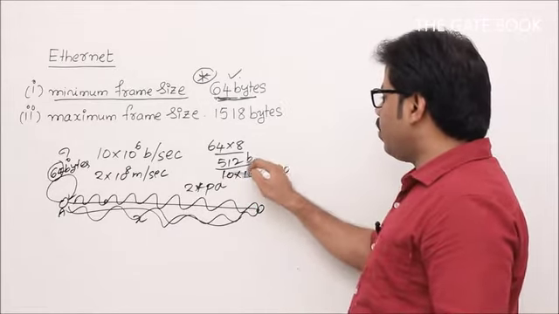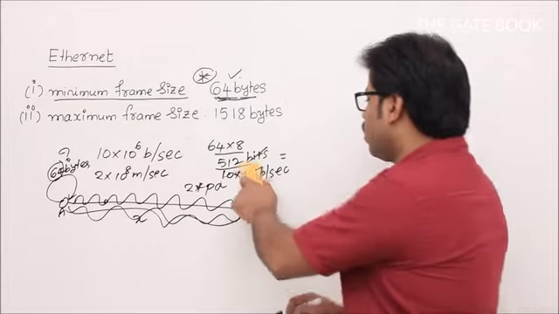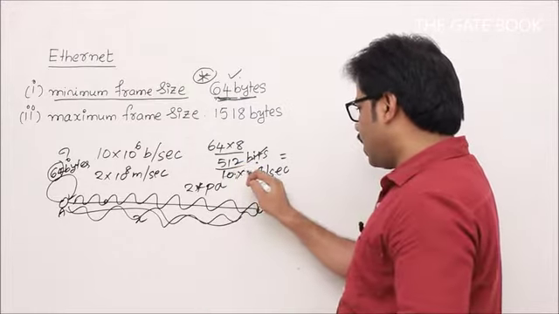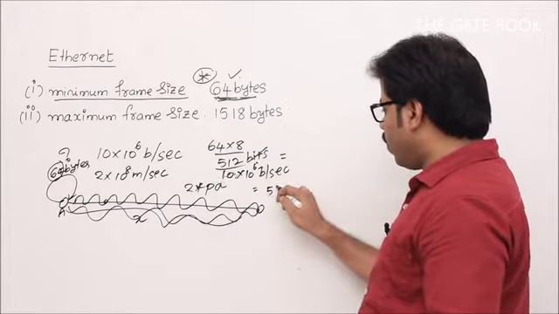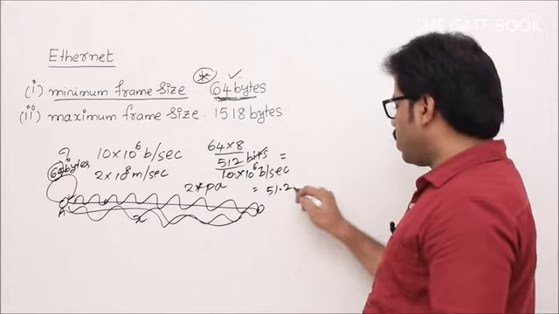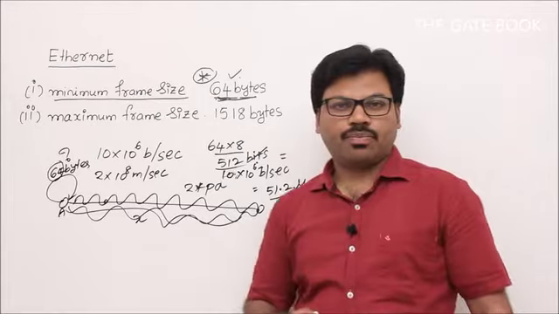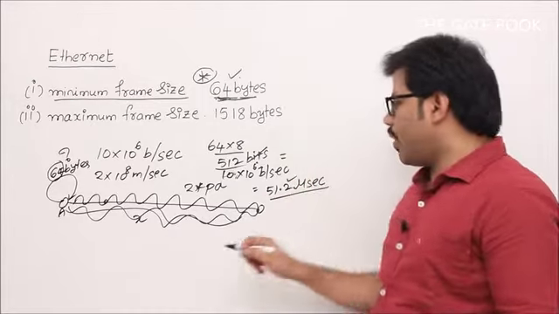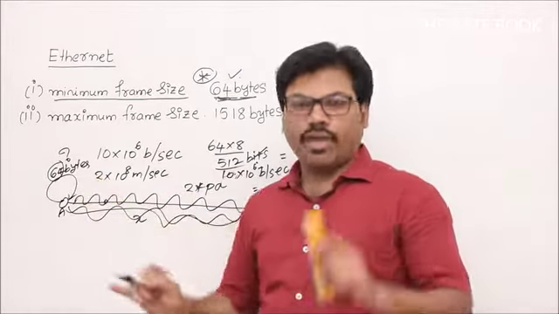So 512 bits, bits will be cancelled. You get the answer in seconds, correct? It would be 512 by 10, 51.2, and 10 power minus 6. It becomes micro, so microsecond. Now this is the answer: frame transmission time, 51.2 microsecond.